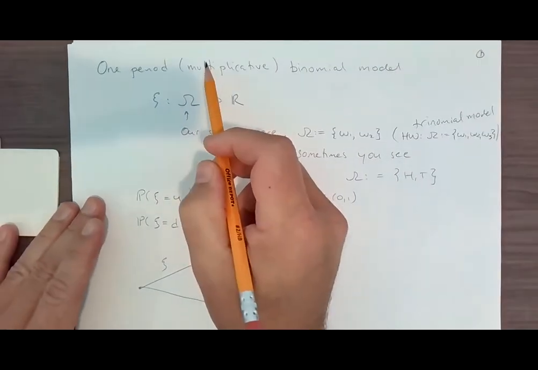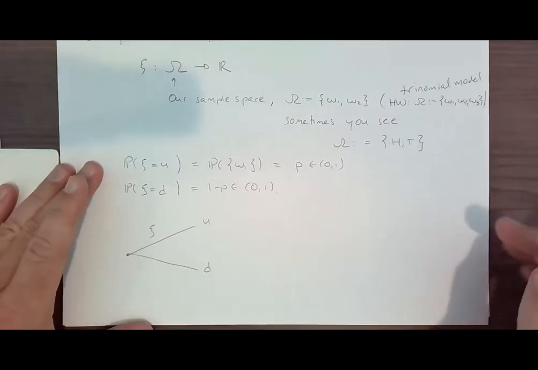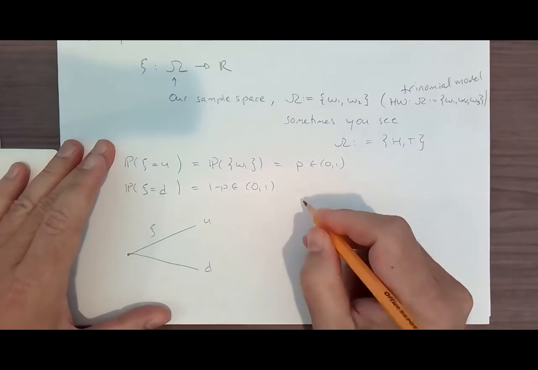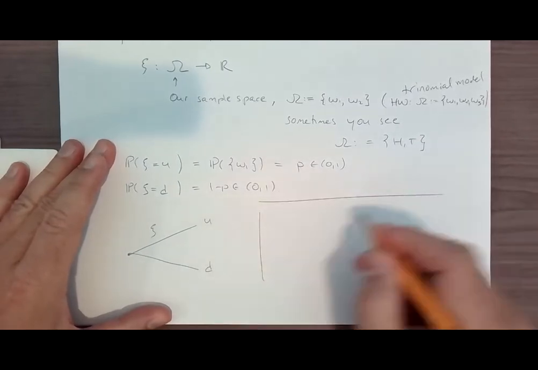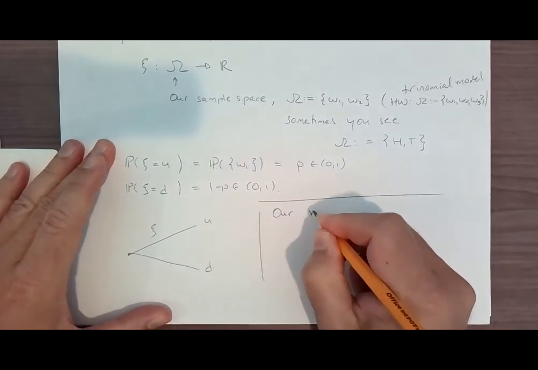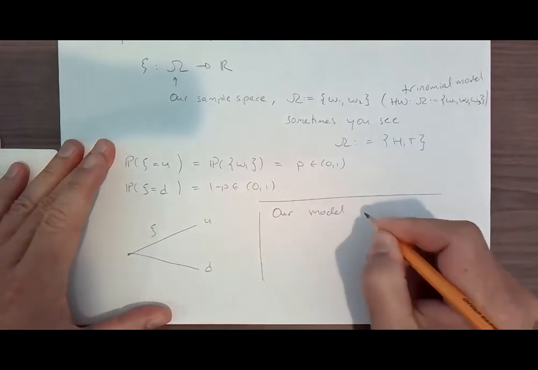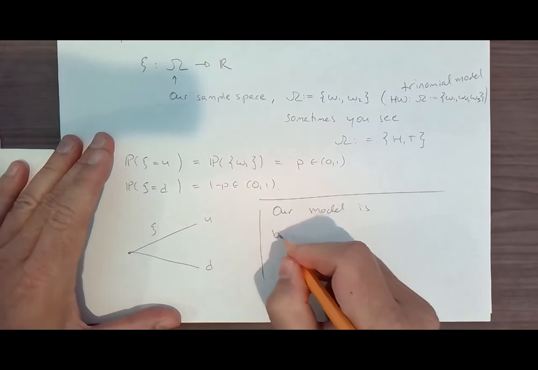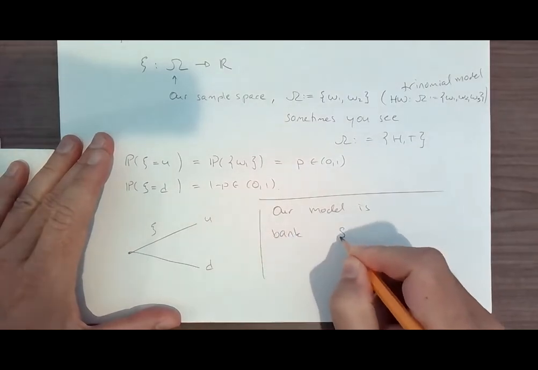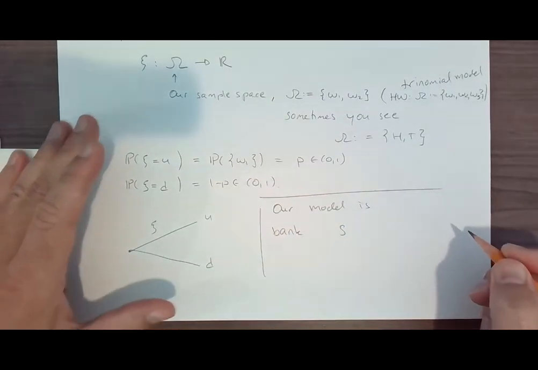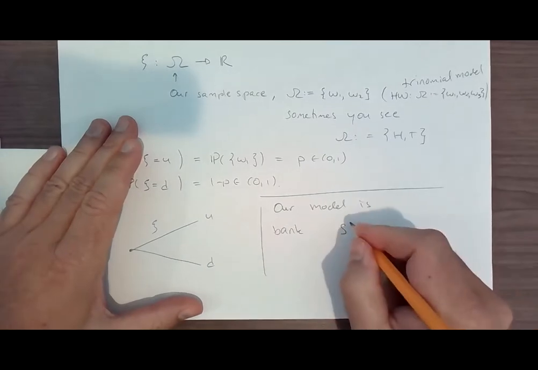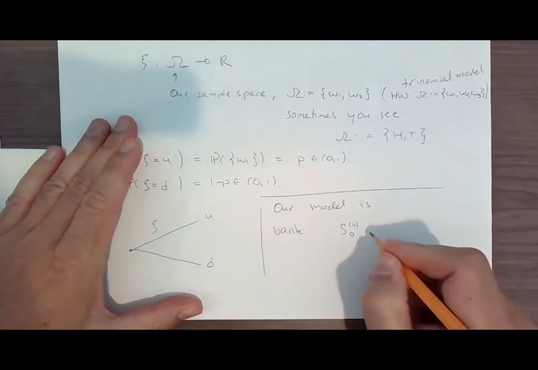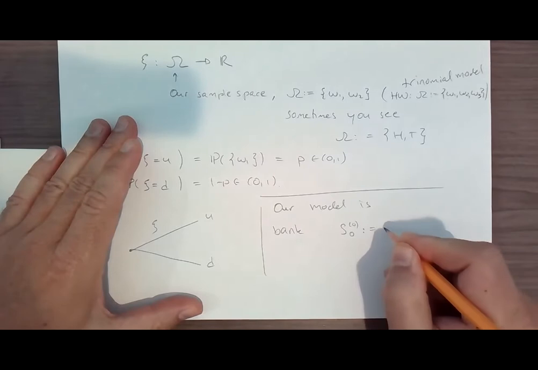Okay, so then there's the word multiplicative. Why is it multiplicative? Well, this here is our model. You have a bank, this is your S, the 0th asset. The initial bank price is 1.